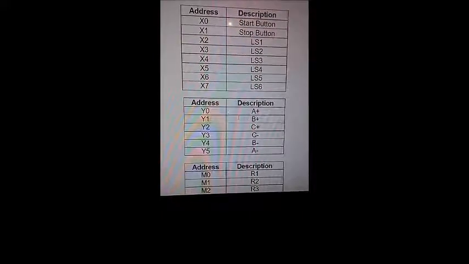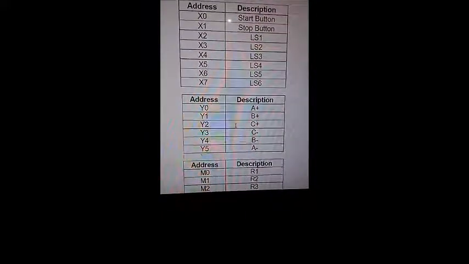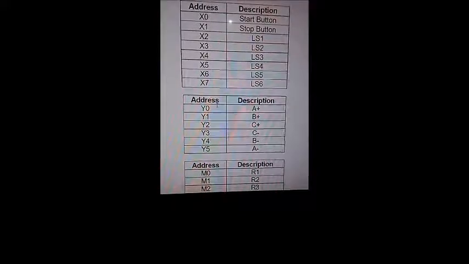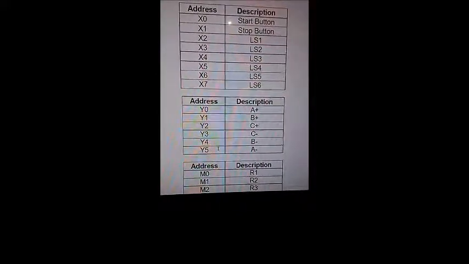The output is shown in the second table at addresses Y0 to Y5.